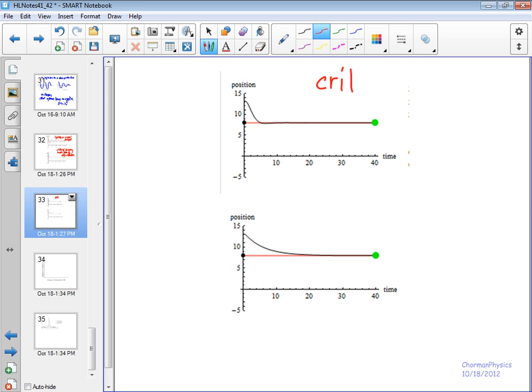The next example, I put these graphs next to each other. This was the critical damping from the previous slide. This one's called overdamping, or sometimes in IB they call it heavy damping. This is a situation where it takes a long time for the object to come back to the equilibrium position.